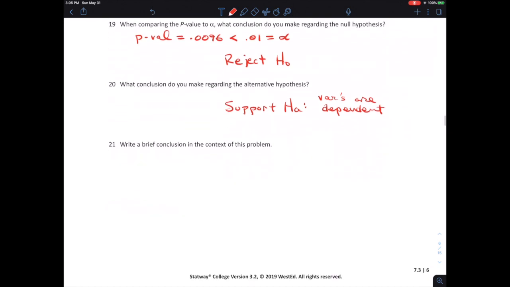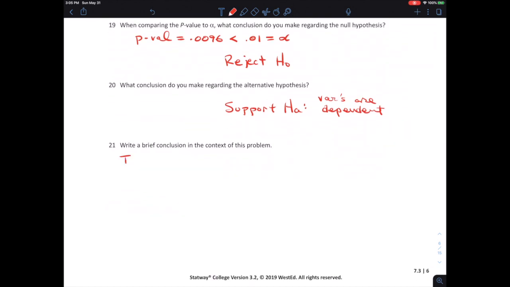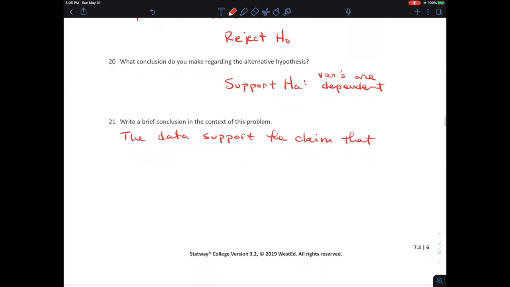Okay, so the data support the claim that pot smoking frequency is dependent on political views.